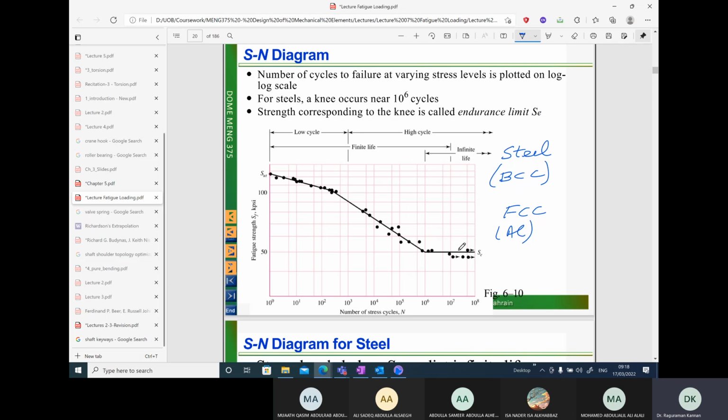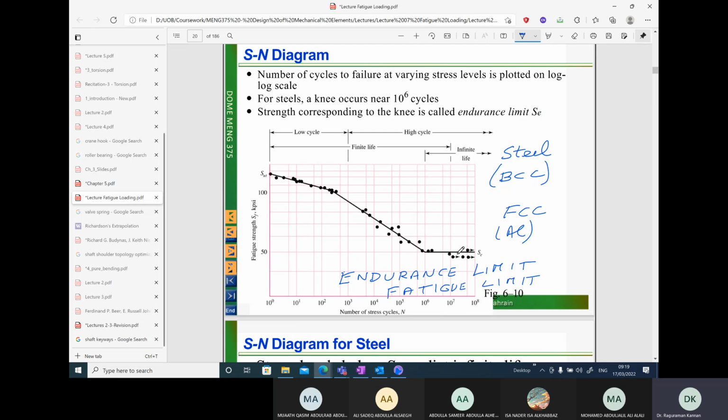So for steel, we get an endurance limit. So for BCC materials, the endurance limit exists. There is another name for this, and that is the fatigue limit. It is also called the fatigue limit. We can refer to this particular property by both names.